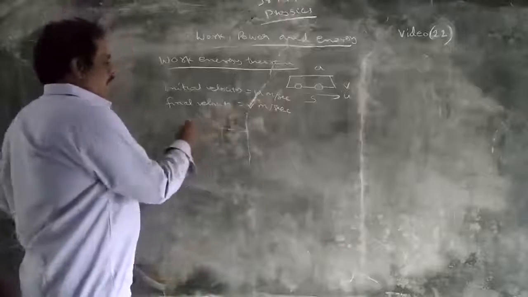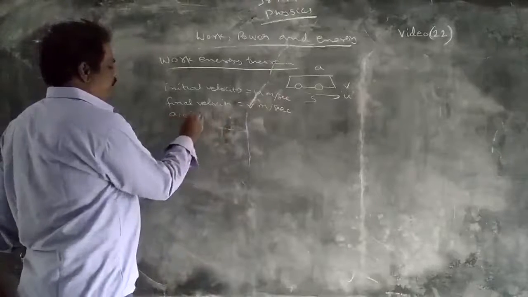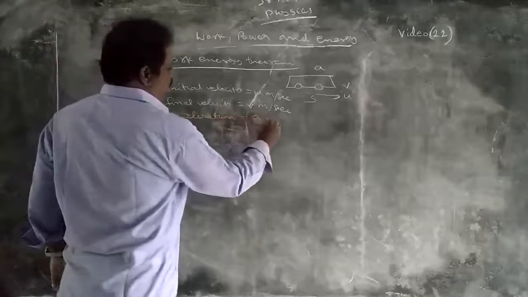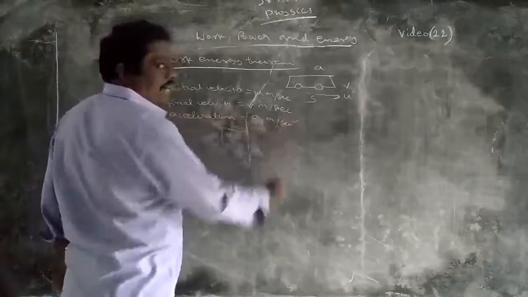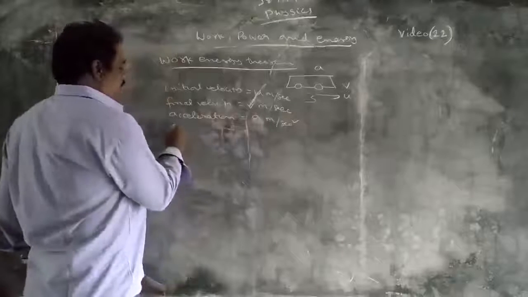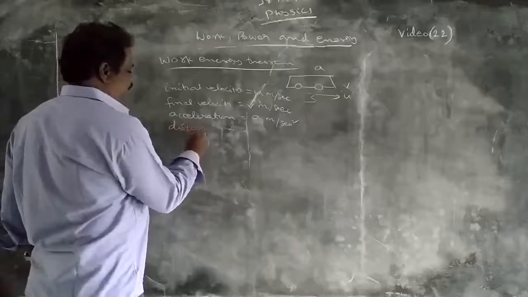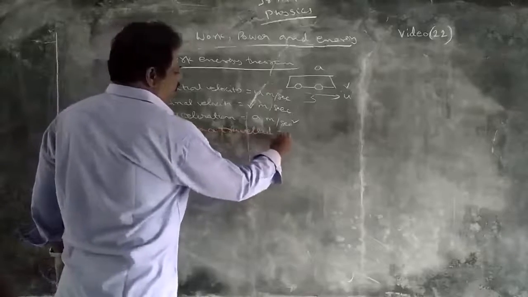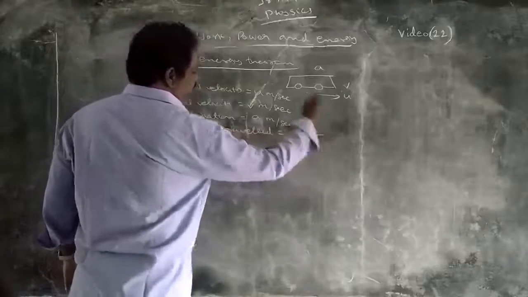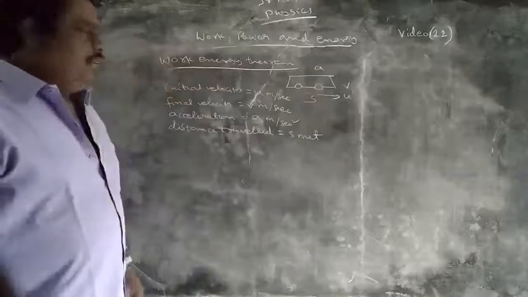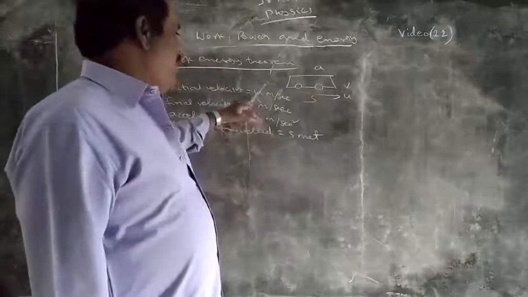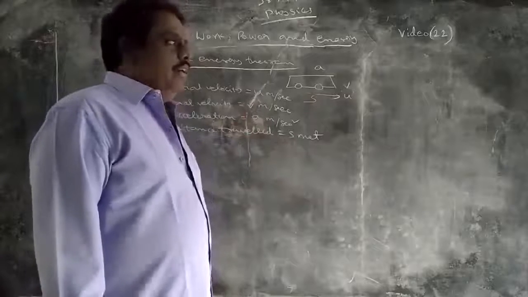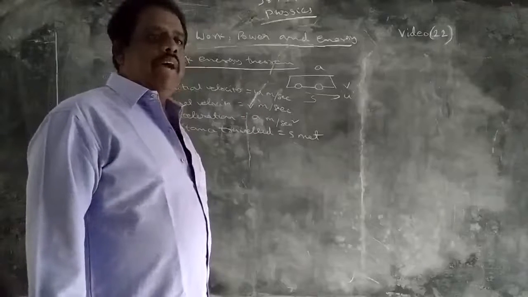Then acceleration a, meter per second square. Distance covered is denoted with s, in meters. What are the letters here? v, u, a, s. What formula do we have to use?